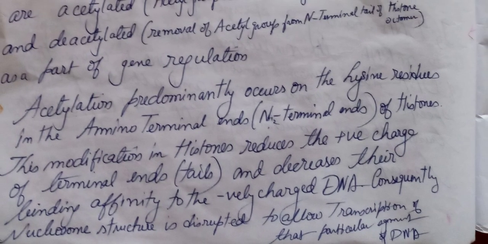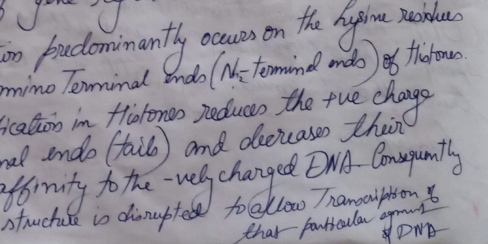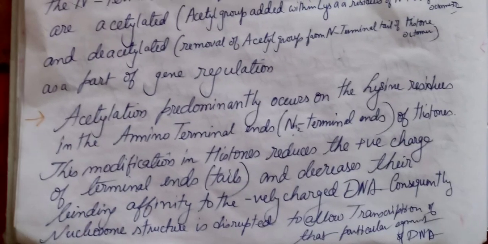Consequently the nucleosome structure will be disrupted to allow transcription of that particular segment of DNA. The simple thing: there are lysine residues, there are arginine residues found on the histone tails. There are also other amino acid residues we'll talk about later.